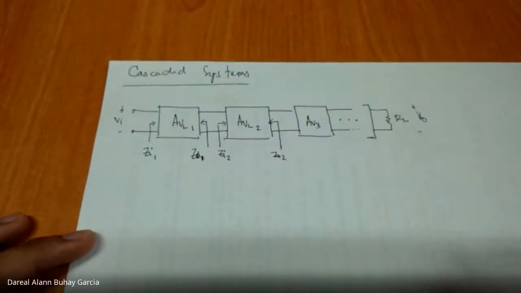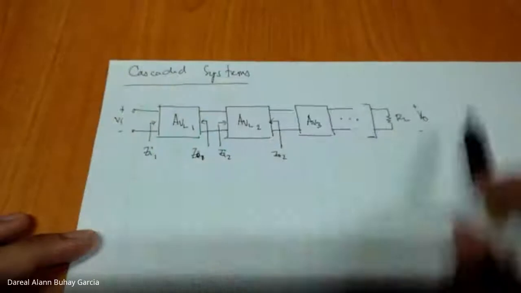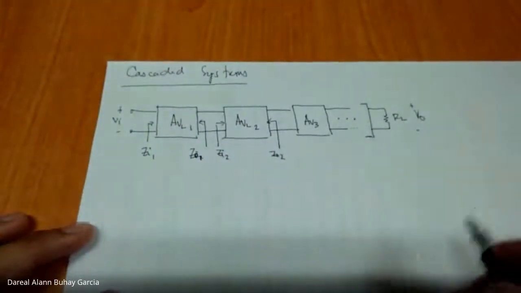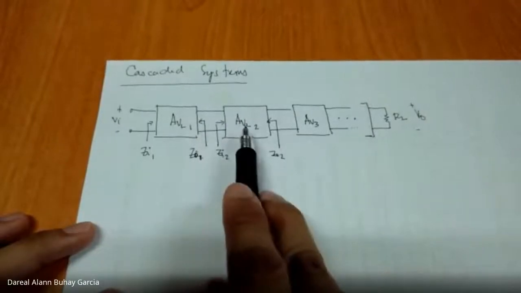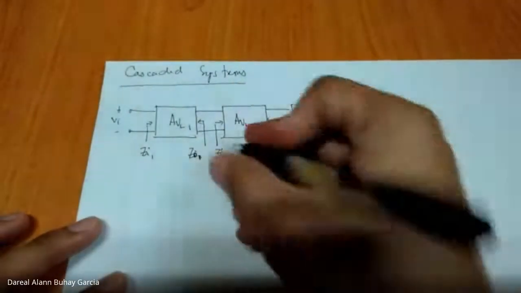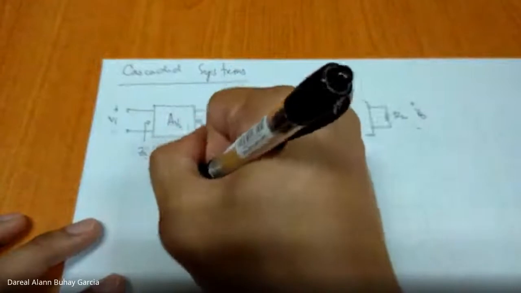One of our main concerns is to solve for the overall total voltage gain. Because of this two-port systems approach, it is actually easier to solve the overall voltage gain.